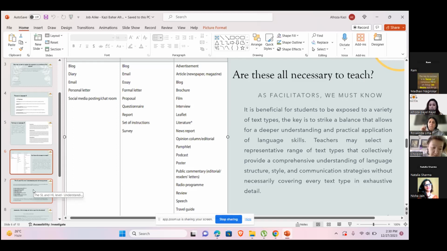The travel guide is very useful when you're teaching at the MYP level. You can show them videos, YouTube videos or other available resources, and most of the time the kids also travel to different destinations. You can ask them, from the pictures you have taken in the travel destinations you've been to so far, can you make a travel guide?